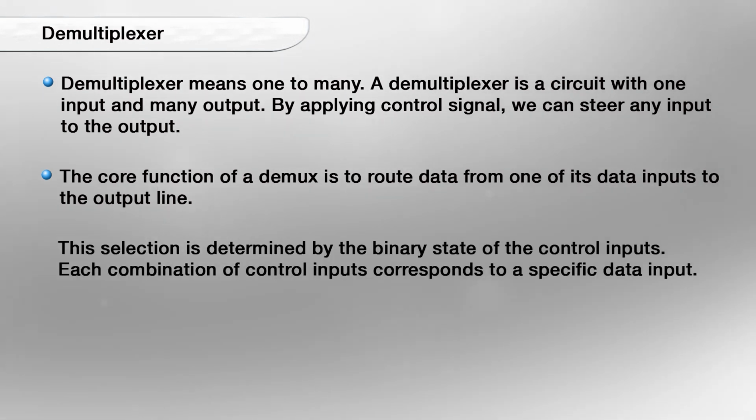This selection is determined by the binary state of the control inputs. Each combination of the control inputs corresponds to a specific data output. A few types of demultiplexers are 1:2, 1:4, 1:8 and 1:16 demultiplexer.